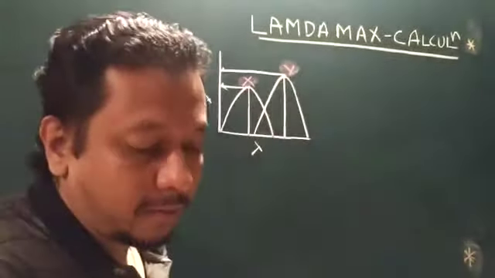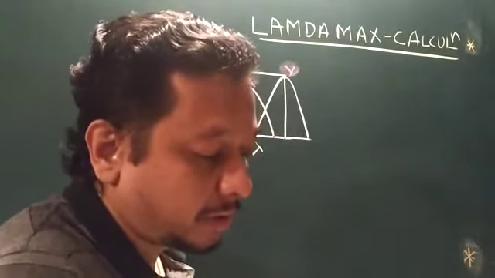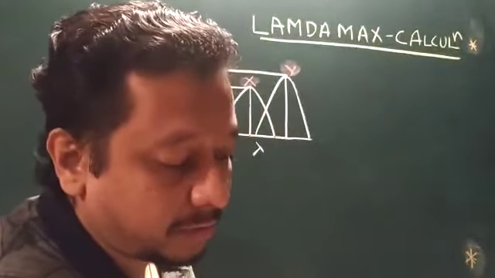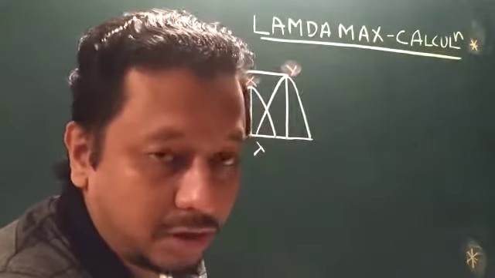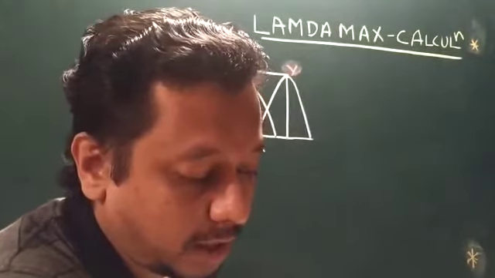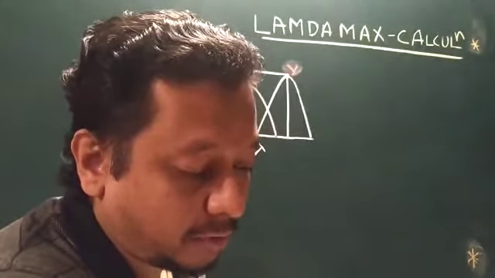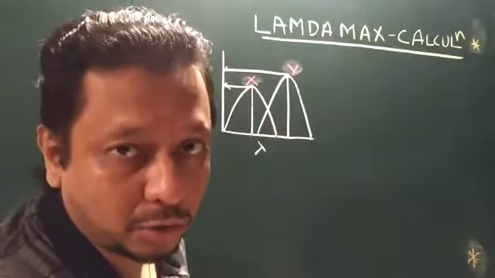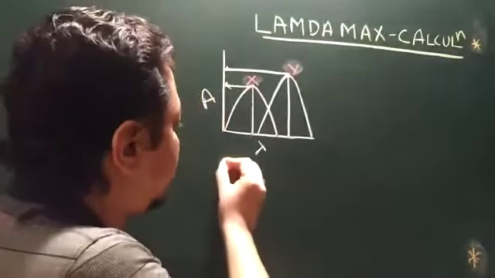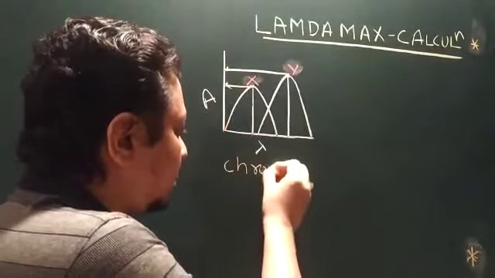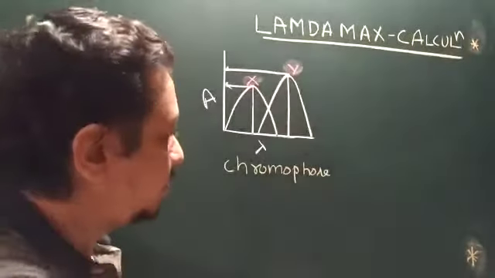Before going to the calculation of lambda max, one thing you must remember: the lambda max prediction is given by the Woodward-Fieser rule, Woodward, W-O-O-D, Ward, W-A-R-D, Fieser rule. The prediction is based on the type of chromophore and the attached auxochrome. The terms chromophore and auxochrome we have already discussed in our class; of course, you can go to our UV visible video.